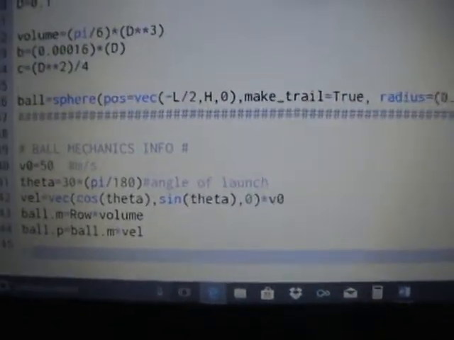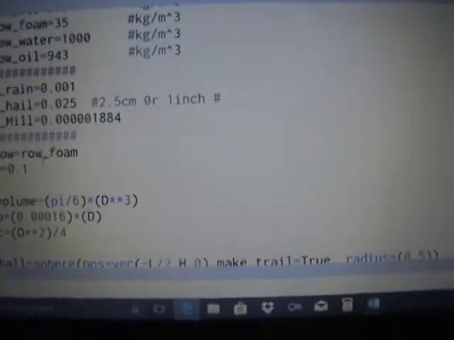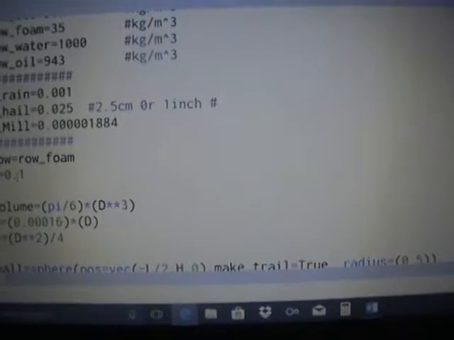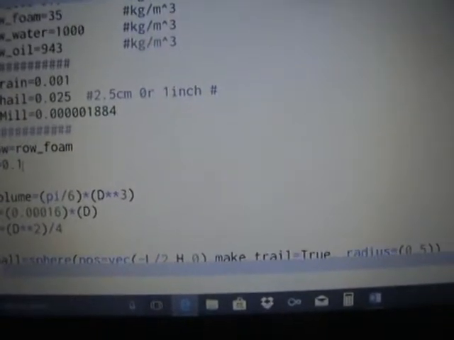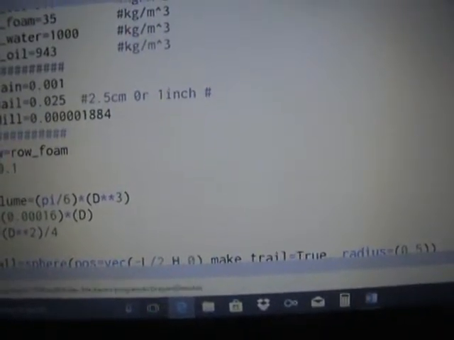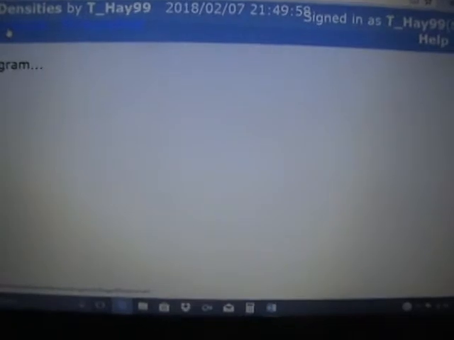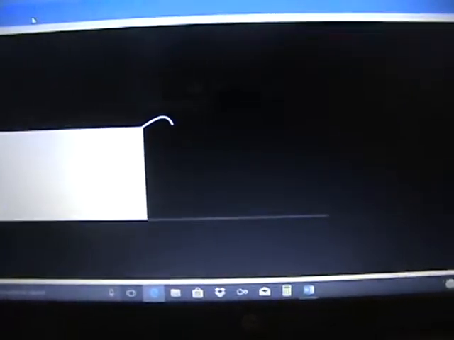We are doing styrofoam. I've looked up the density of styrofoam, and this is 10 centimeters. Now you're going to see it's on a roof at some angle I've assigned it. Okay, and there it goes.